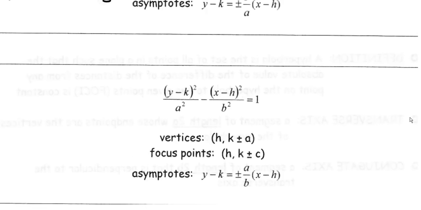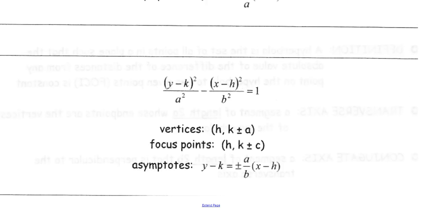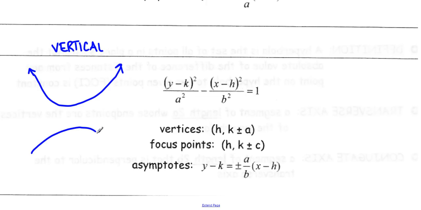All right, let's look at our vertical opening hyperbolas. All right, and it's just kind of a real nice rough sketch. We've got a smile and a frown. That's our hyperbola, rough sketch. So notice the difference in our formula.